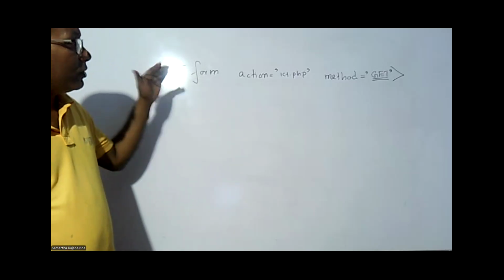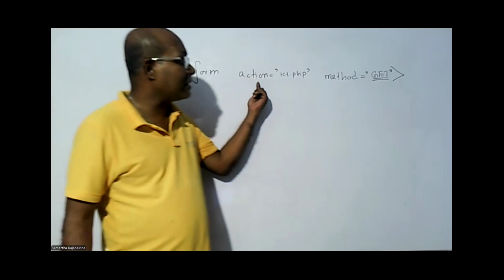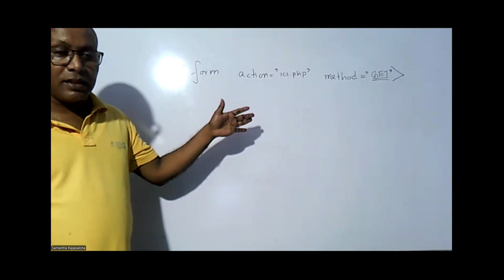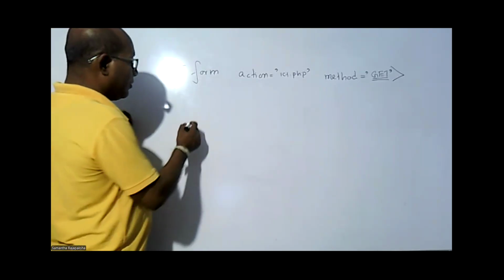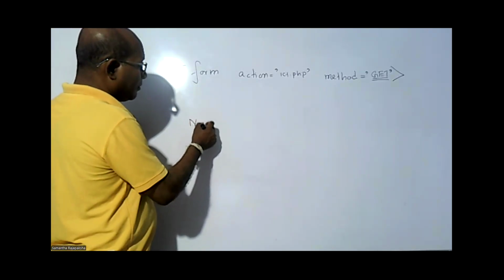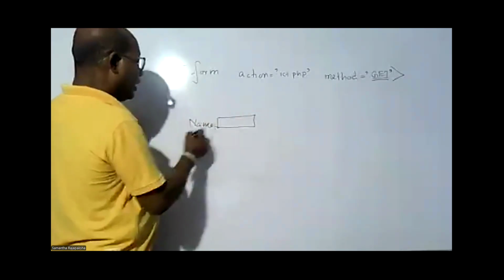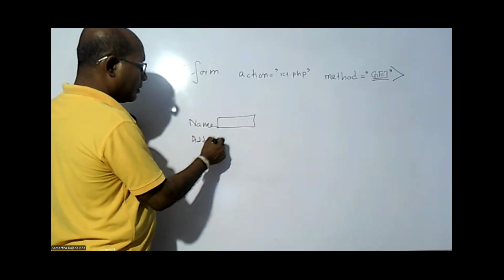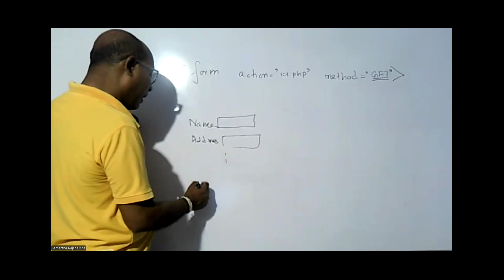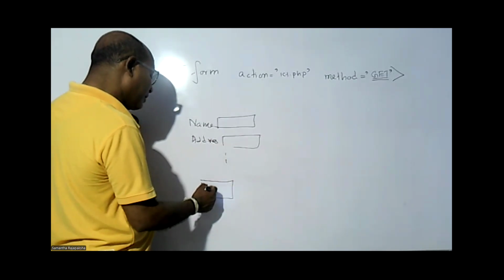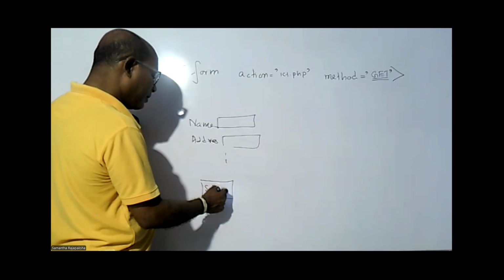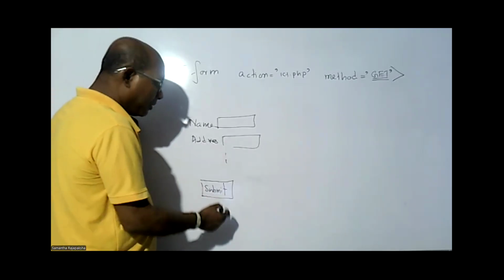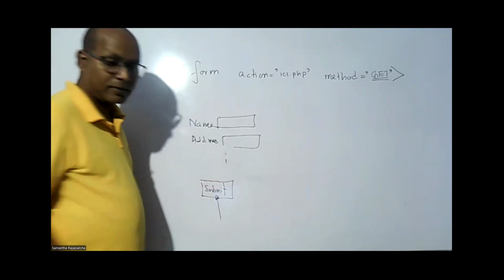When you are using forms, you have to have two attributes, action and method. Now, what is action? Let's say you fill the form, like a name and so on, and there is a submit button. You fill this form and click the submit button.